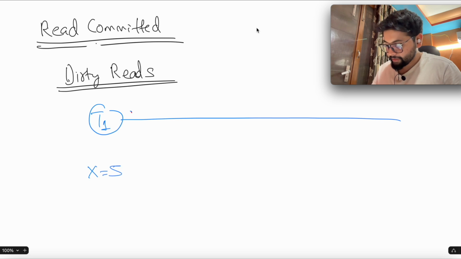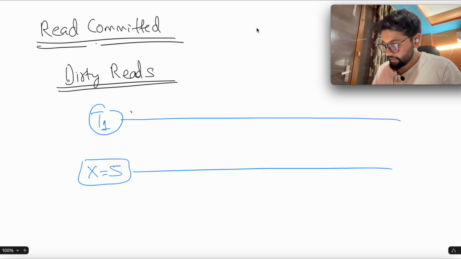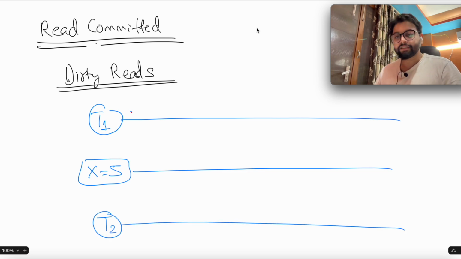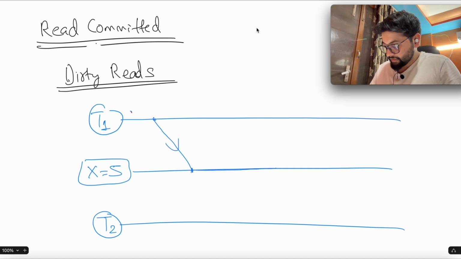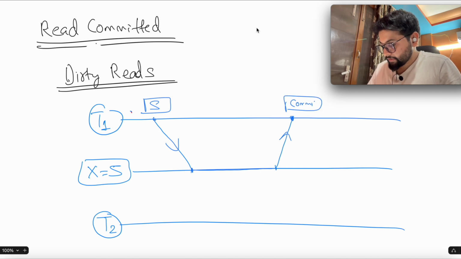There is a data item X with a value of 5, and there is another transaction T2. What a read committed scheme says is that there should not be any dirty reads. By dirty reads, we mean that this transaction tries to perform some activity on this data item X from this to this point of time. So suppose this transaction starts here and gets committed here.